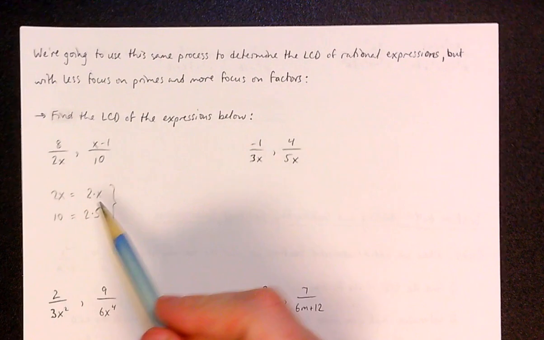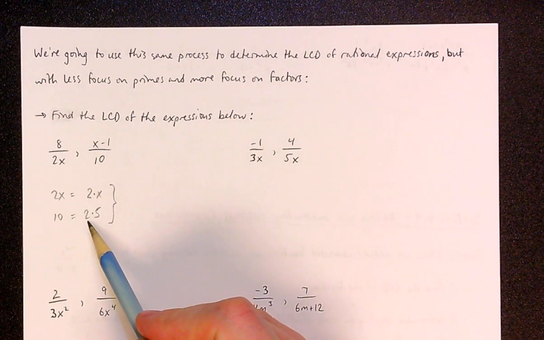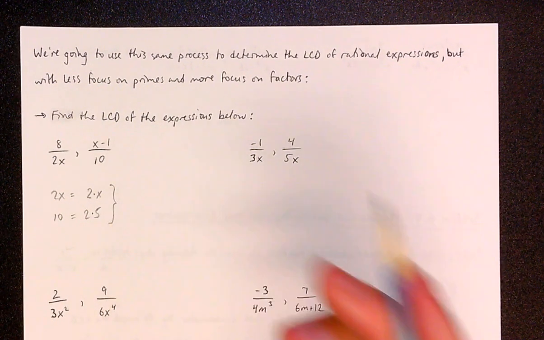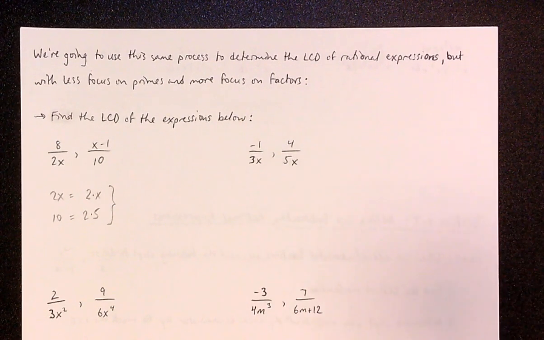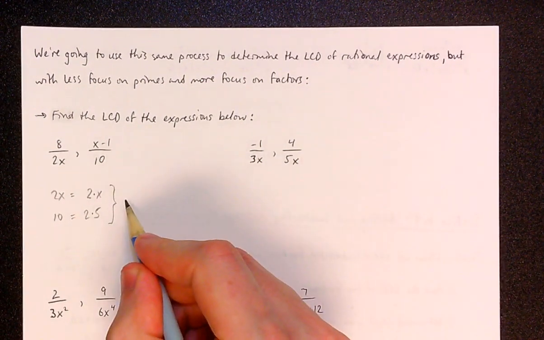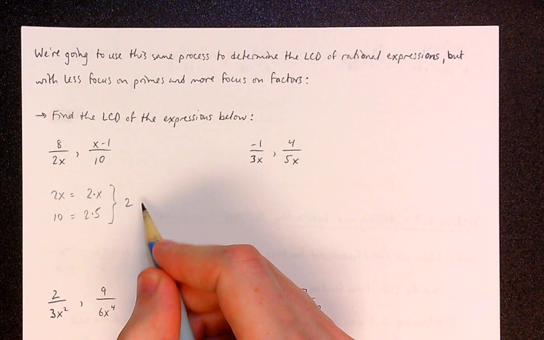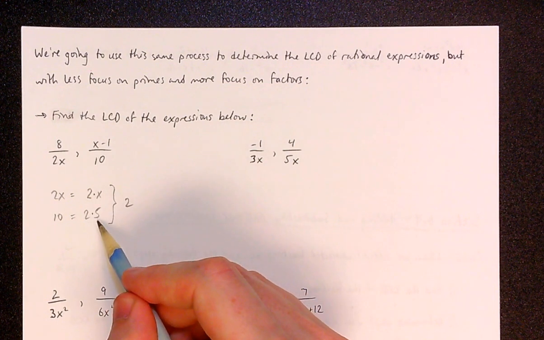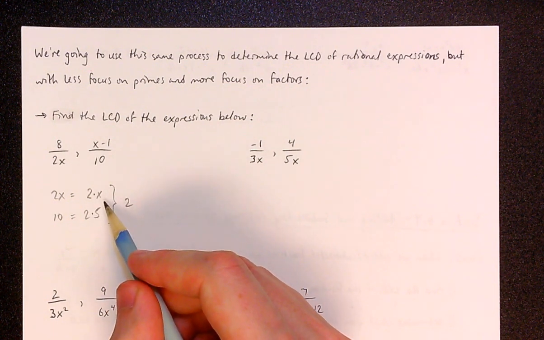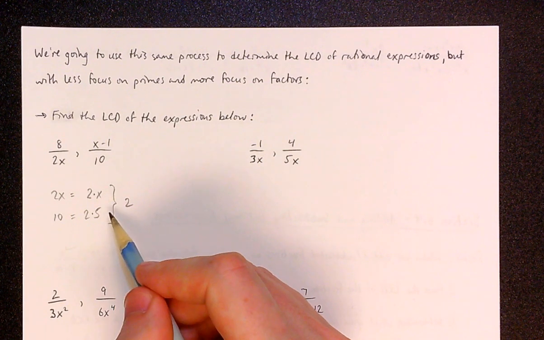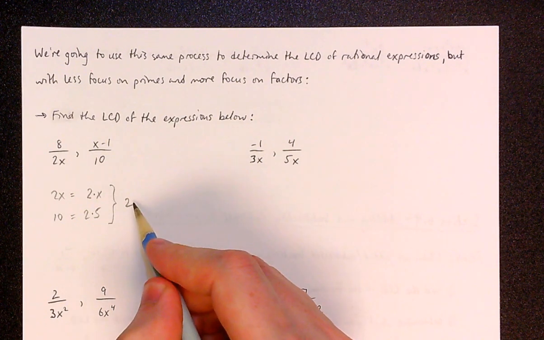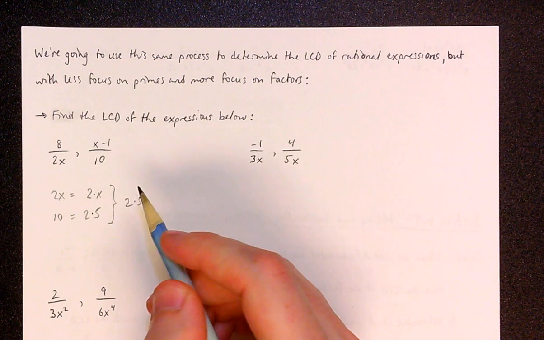So looking at the 2's here, we have 1 2 here, we have 1 2 here. The larger of 1 and 1 is 1. So we're going to have 1 2. Here we have 1 5. Here we don't have any 5's. So the larger of 0 and 1 is 1. So we're going to have a 5 there.